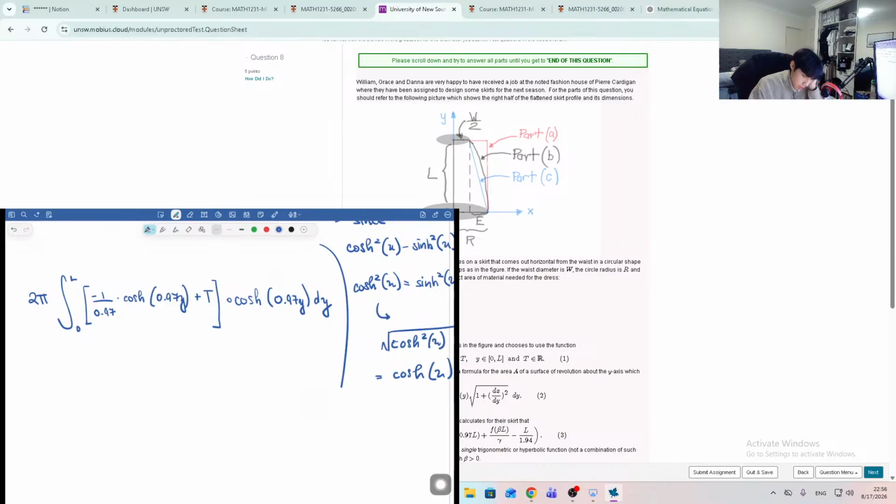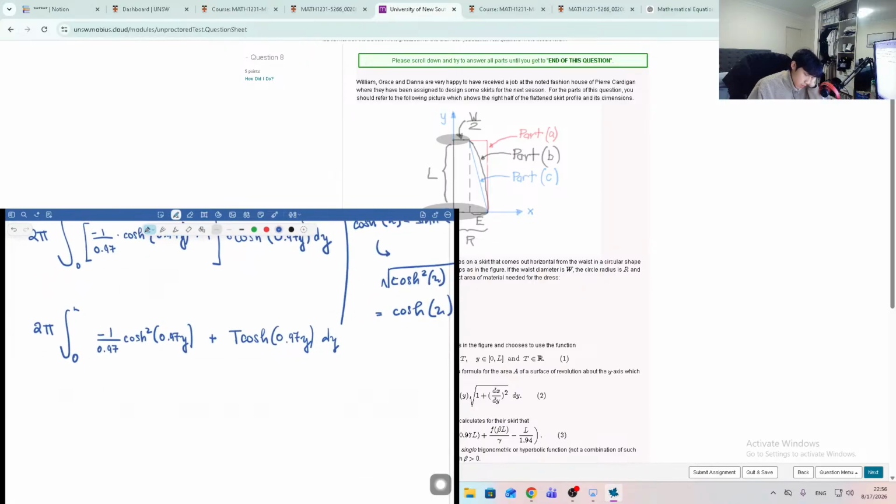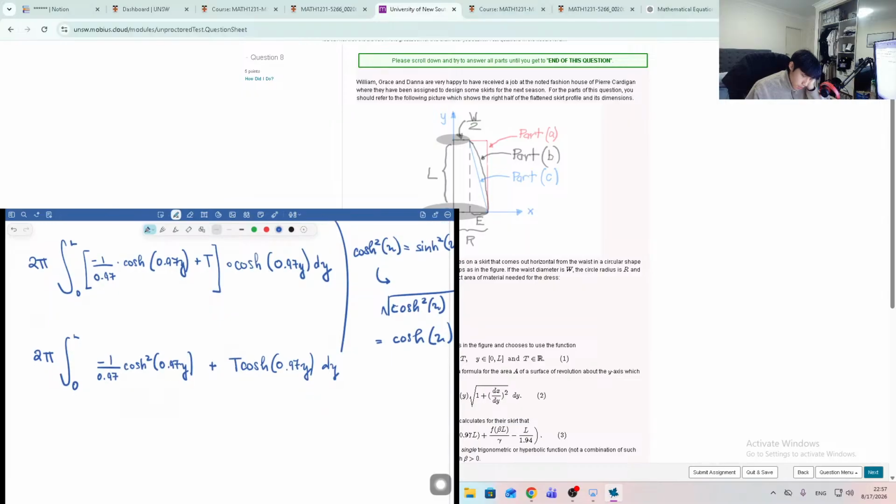So we have basically, and then now we can integrate by parts, right?